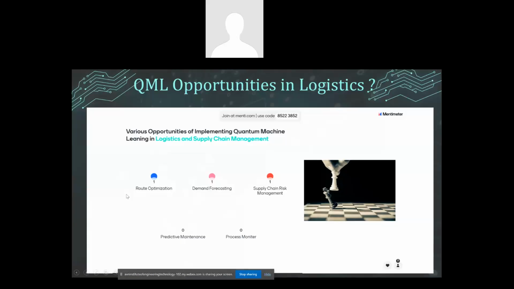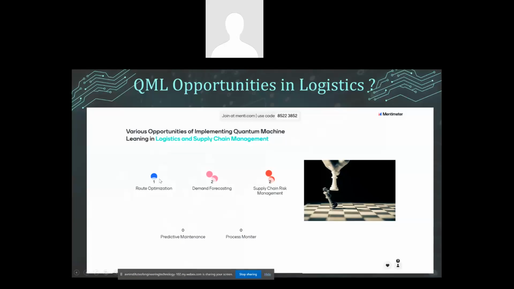Take route optimization: we can save time and money. Predictive maintenance and supply chain risk management are also very key areas. With the help of quantum machine learning, we can make things faster and save a lot of money, so there will be huge advantages in this industry, right?